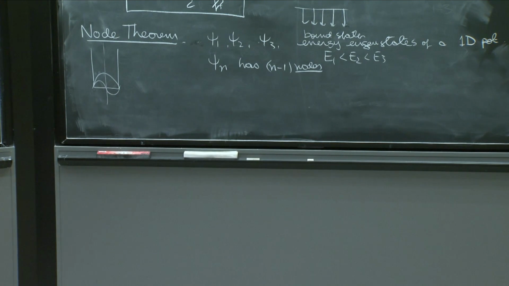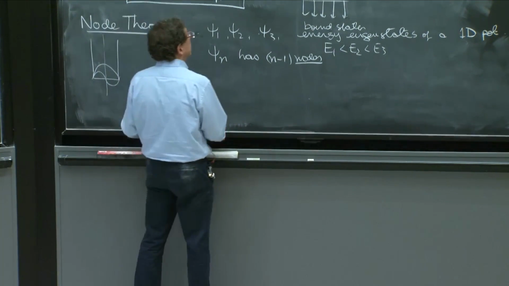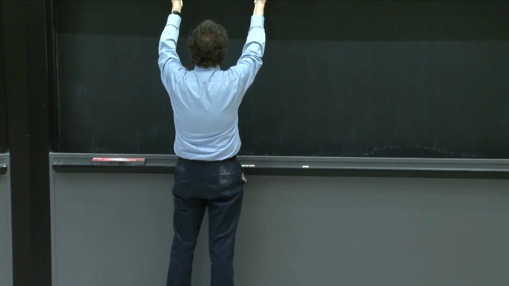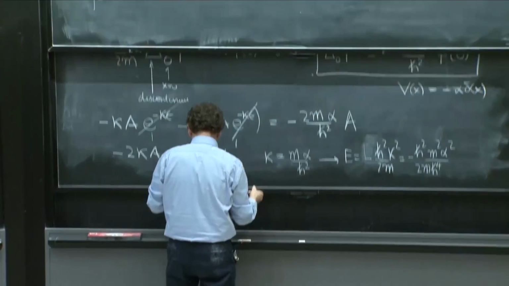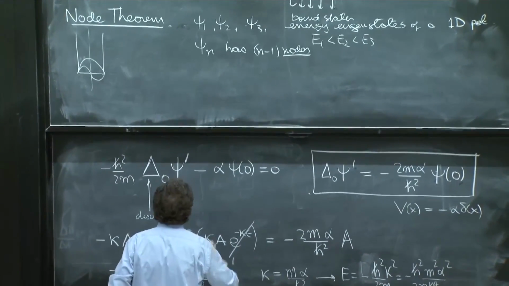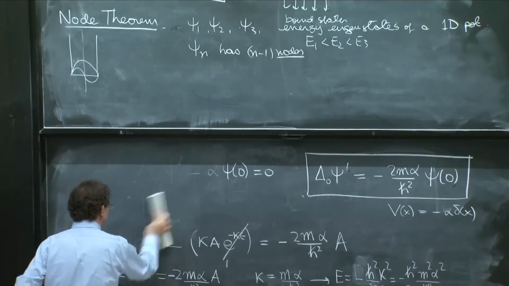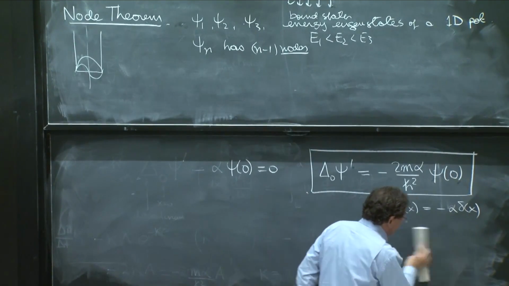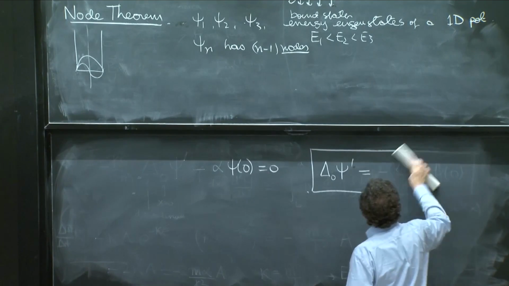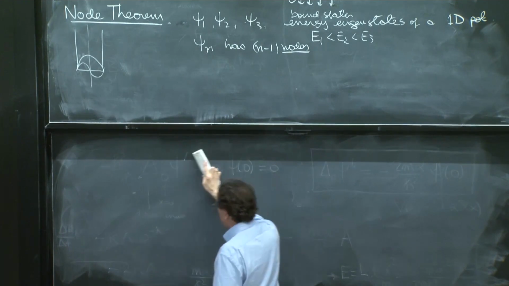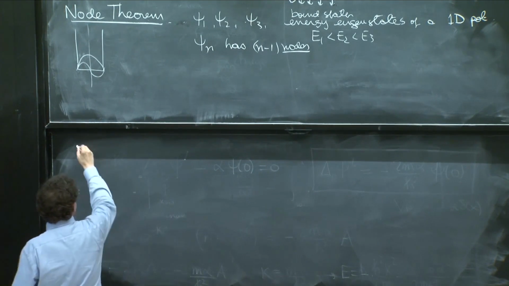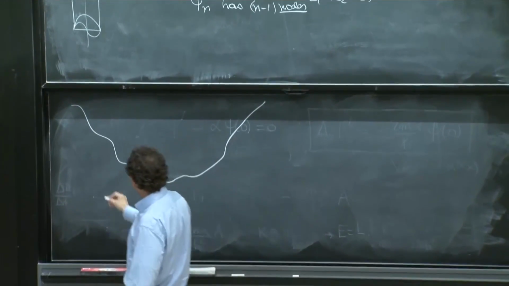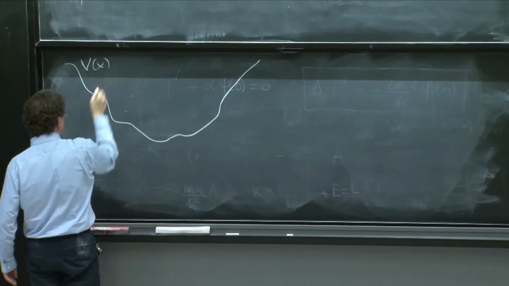Now I want to argue that in an arbitrary potential that has bound states, this is also true. So why would that be true for an arbitrary potential? The argument we're going to make is based on continuity. Suppose you have a potential like this, V of x.